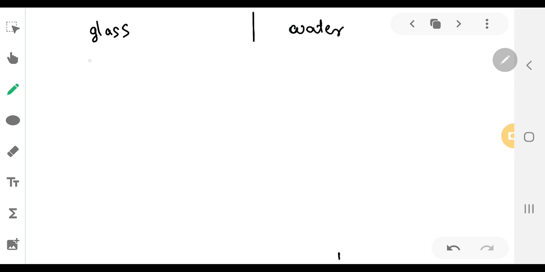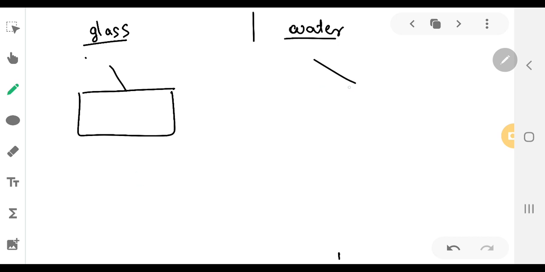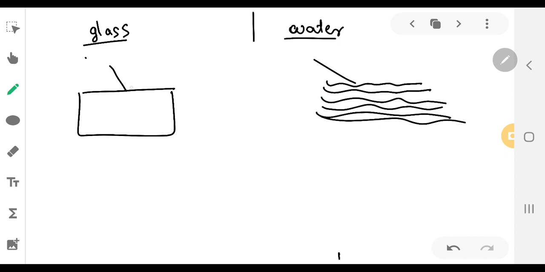So light is traveling from air to glass medium. Here light is traveling from air to water. So this is the normal to the surface and the refracted ray.